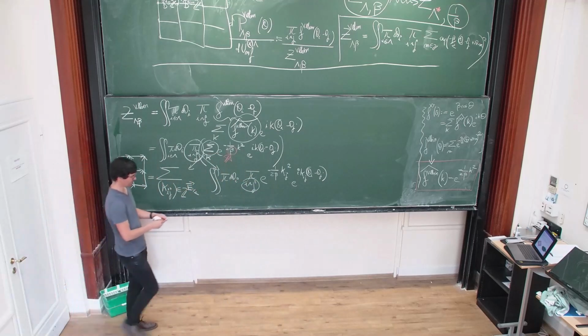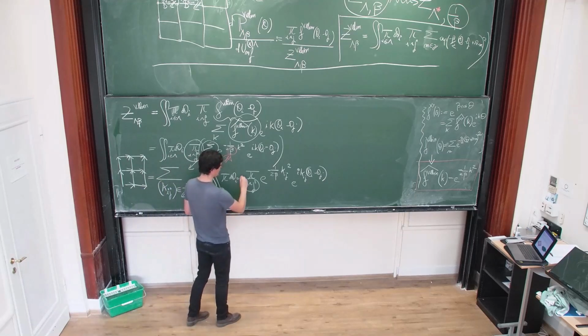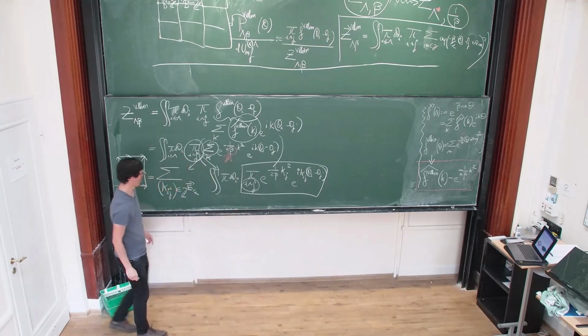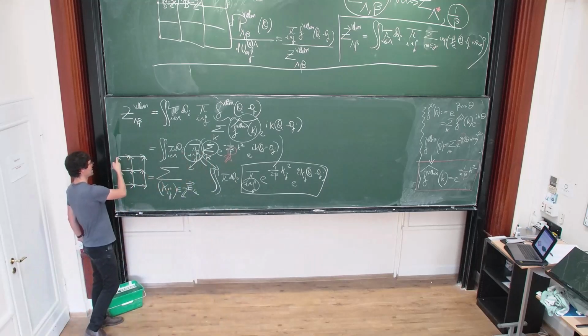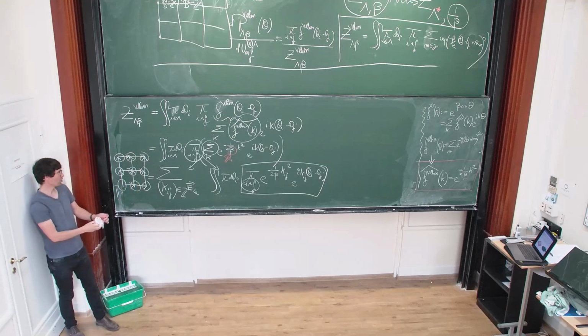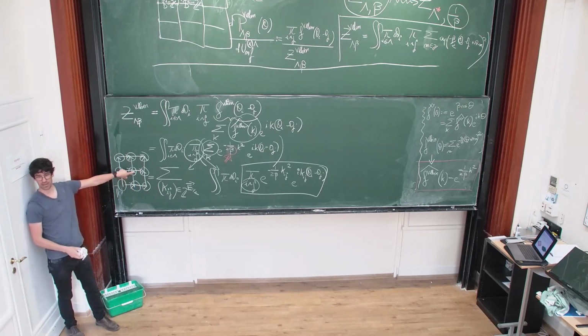The next step will be that I will rewrite this product over edges not as a product over edges, but as a product over vertices. I will change the perspective. I will try to see what is going on on top of each vertex i in my graph.